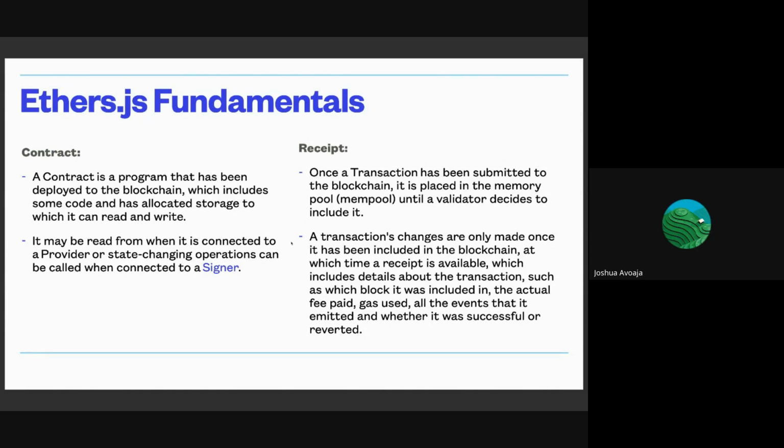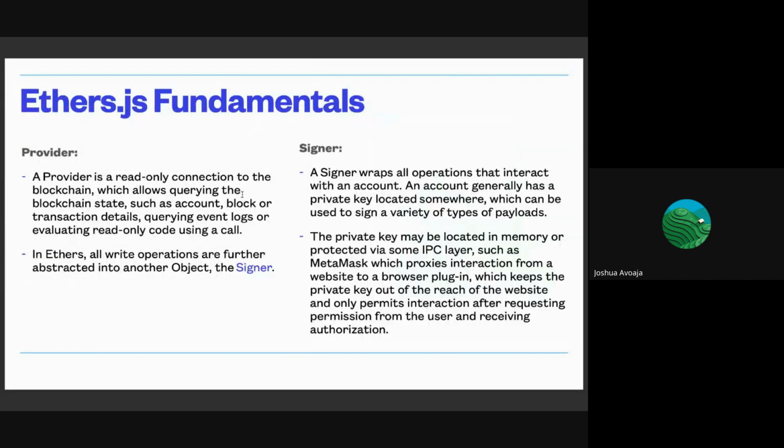Okay, so we would see this in the hands-on session. But when you're instantiating a contract instance, apart from providing the API and the contract address, you can also provide either a provider or a signer. The provider is what we described earlier, which establishes a read-only connection with the blockchain.